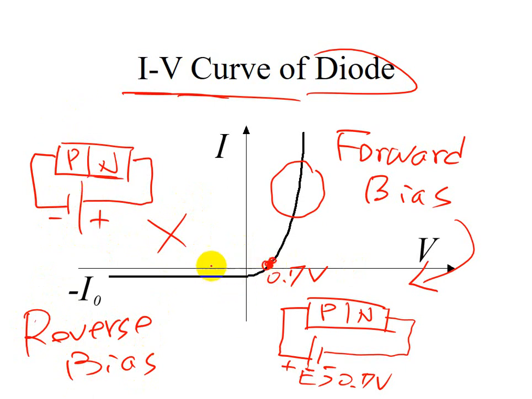So basically no current comes through. But actually you can see there's a little bit of a gap over here. Somehow you can find a very small amount of current coming through under the reverse bias status. Let's see what the reason for this is.